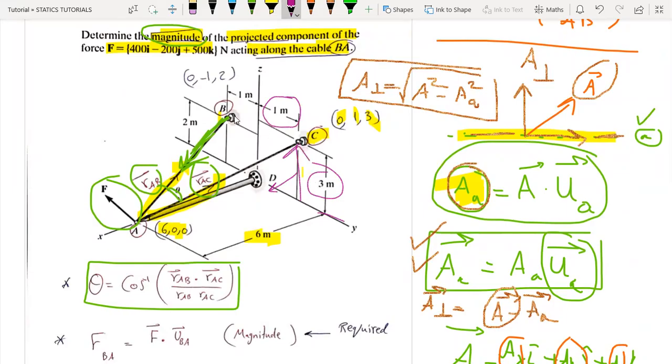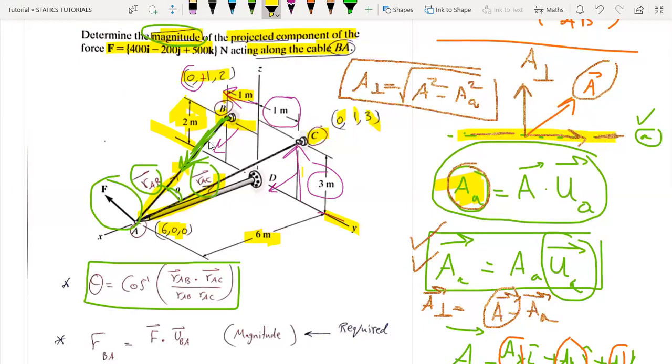What about B? It's also 0 on the x. It didn't move here, but in the y it has moved 1 meter, but it is negative, because here is the positive and here is the negative. And what about Z? It has moved all 2 meters positive.